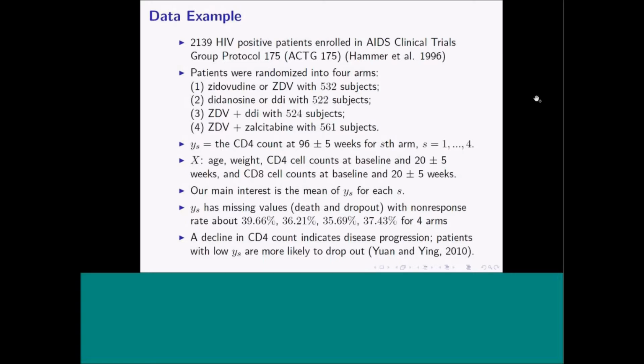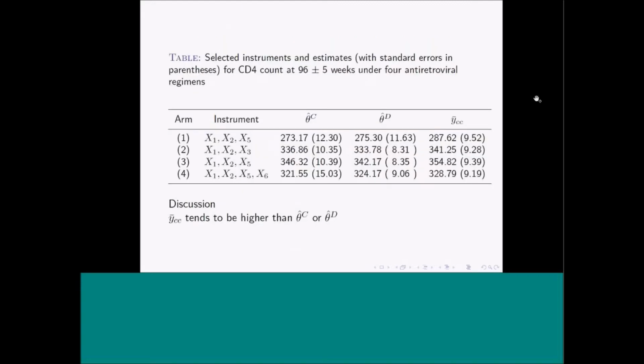X4 and X5 are the CD8 count at the baseline and 20 plus weeks. So X1 and X2 are age and weight. What are the instruments? The instrument is one that, given all the other variables, is not quite useful for predicting whether you respond or not.